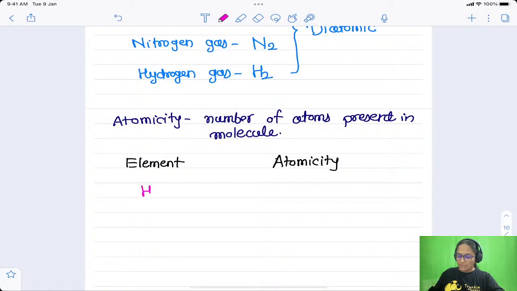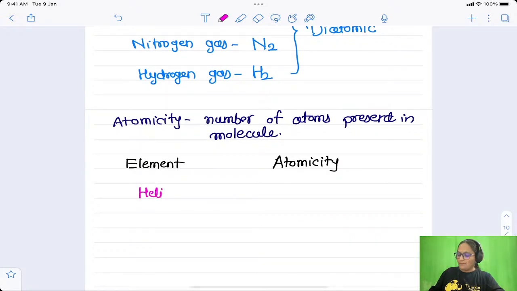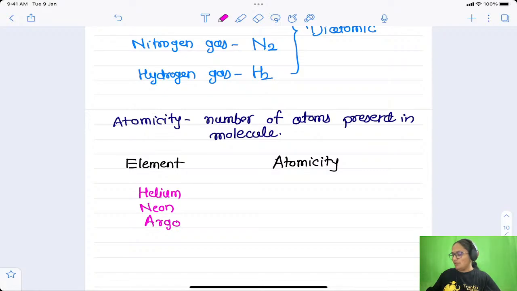First of all, before hydrogen gas I will write down helium, neon, argon. These are the noble gases. For them the atomicity is monoatomic in nature, right?